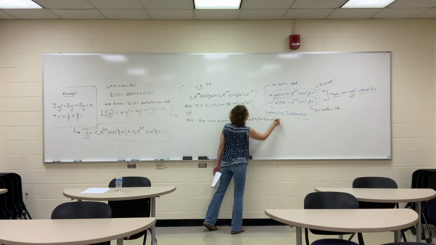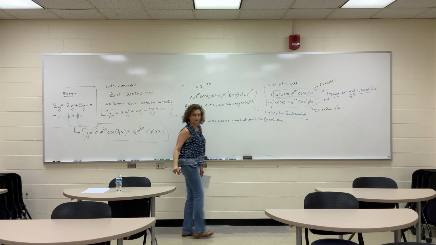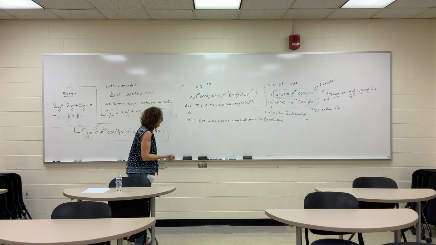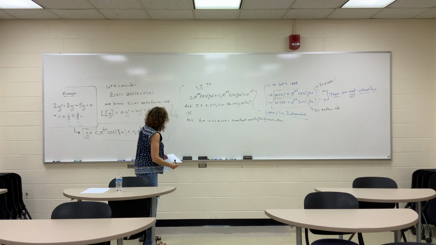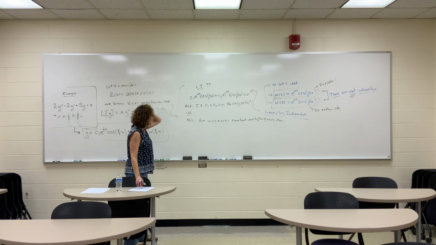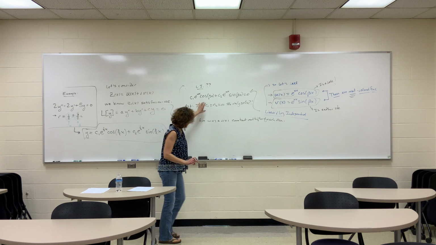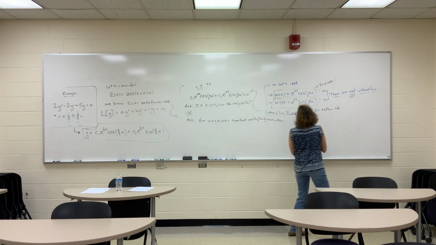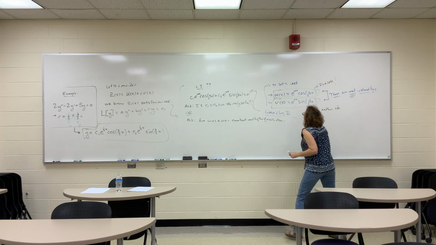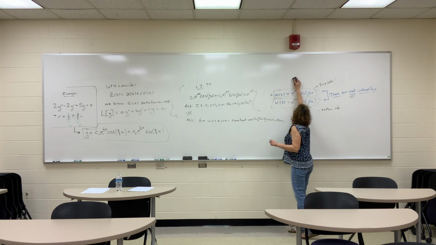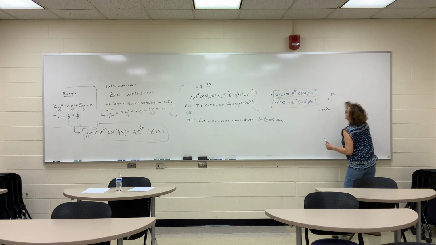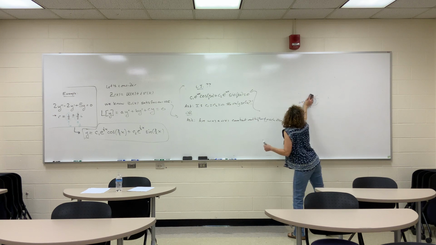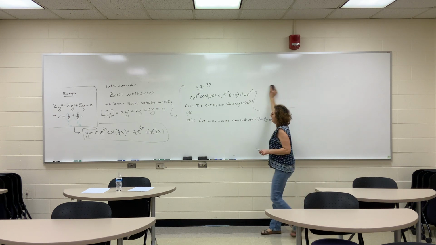That's another way. So it's up to you how you want to do that. This idea generalizes to three and 4 and 5 and 6 and n dimensions, which is where we're going to go.